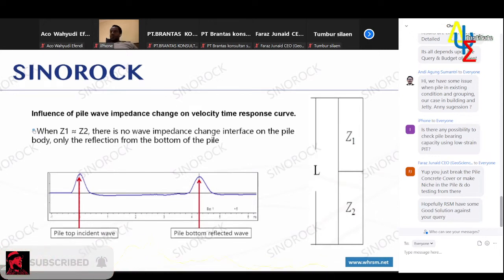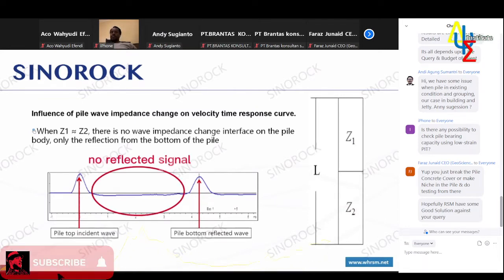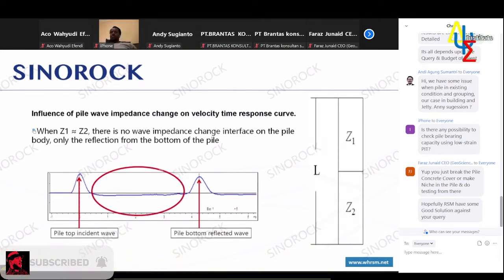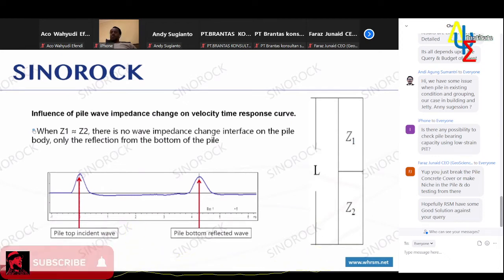A pile body has two kinds of impedance, and an interface is drawn in the middle. There are several possibilities for these two impedances. Let's take a look at the first case. The two impedances are basically the same. Z1 is about equal to Z2. We can see that there is no reflected signal between the pile head and the pile bottom in the time domain curve, because Z1 and Z2 have little difference.